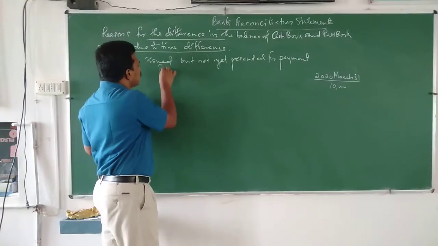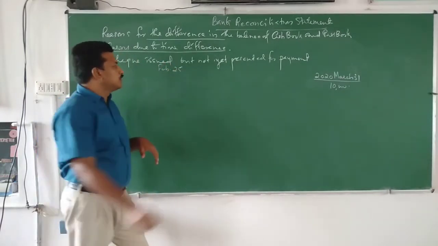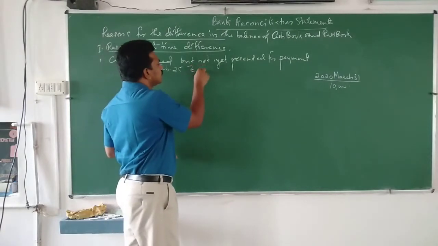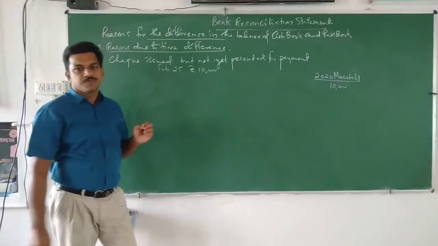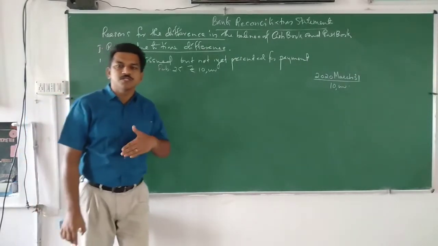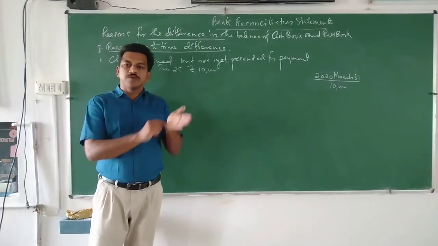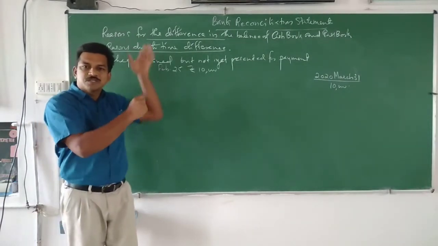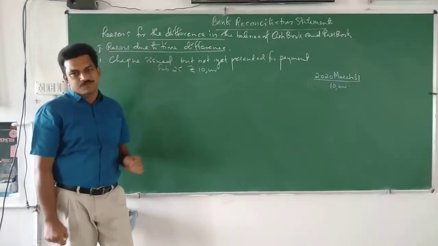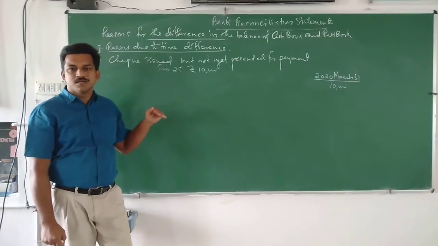This is issued on February 25, for rupees 10,000. When we issue a check to the customer, in our cash book we will write it as a payment, which means the cash book balance will decrease.